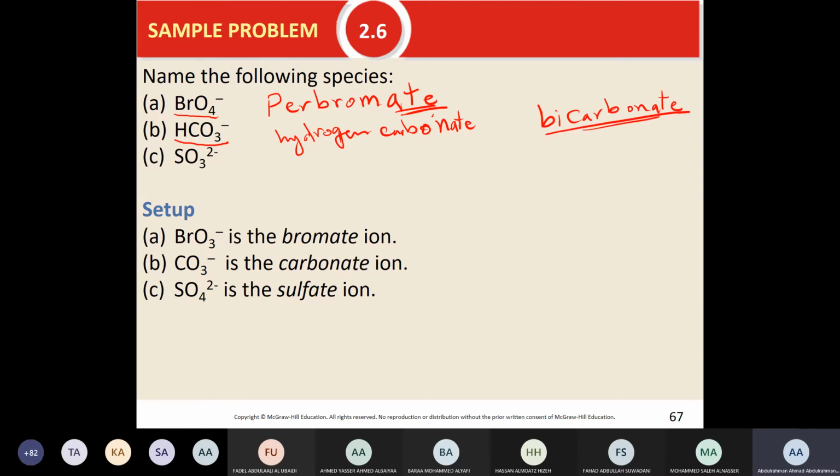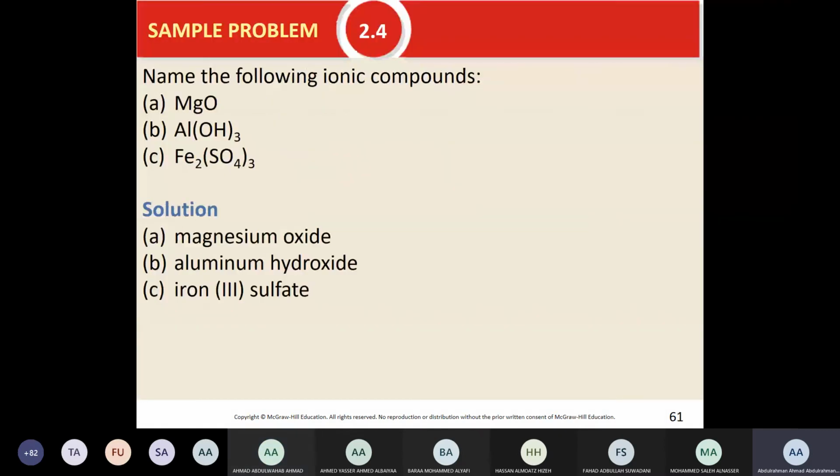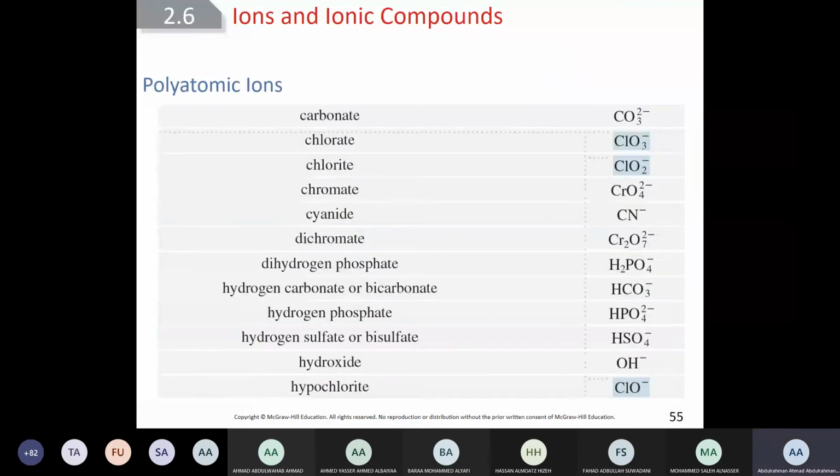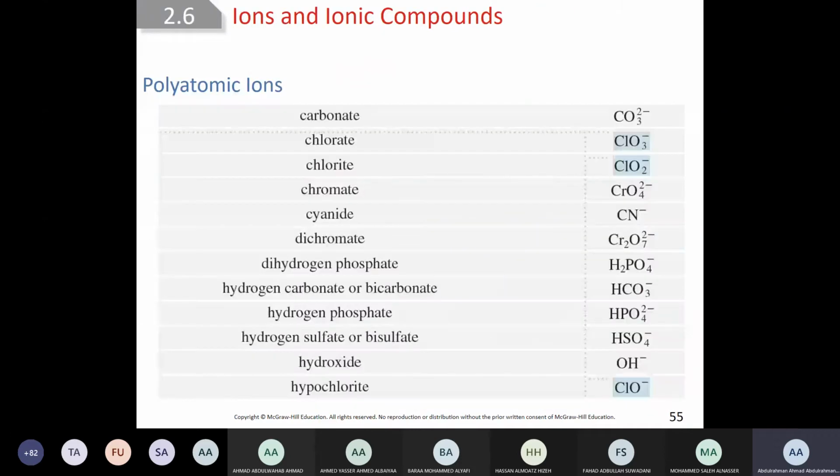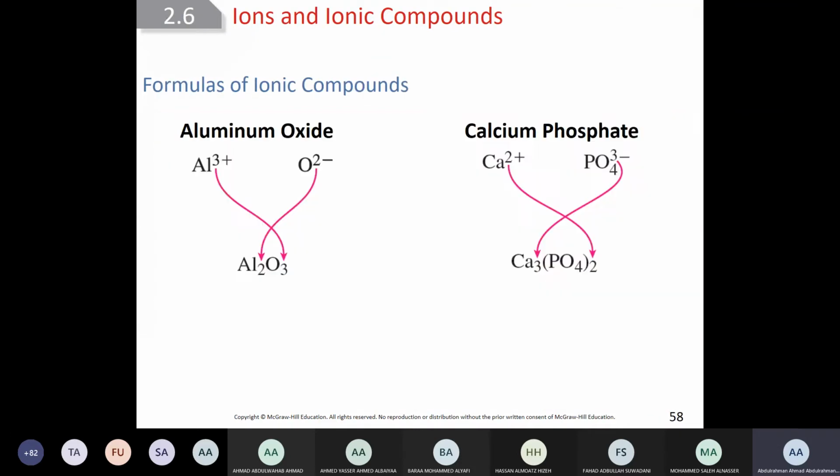Is this clear? Very good. Why did we put bi in first? I did not put it. Memorize it from this table. If you look at HCO3, you will find it's called bicarbonate. Is this clear? From the table.